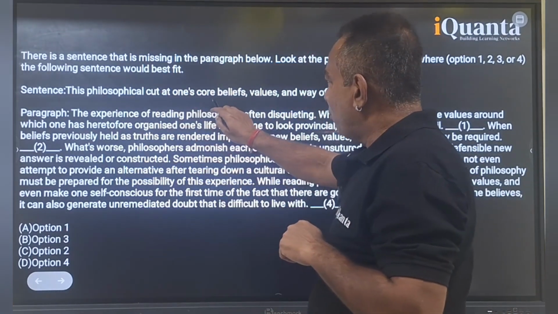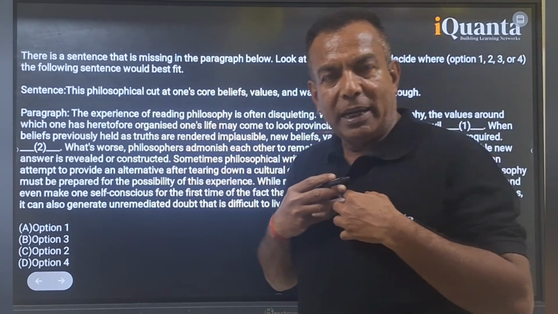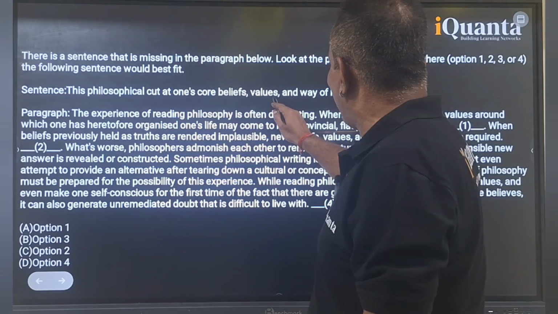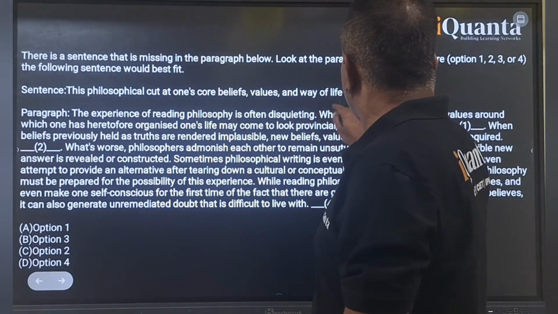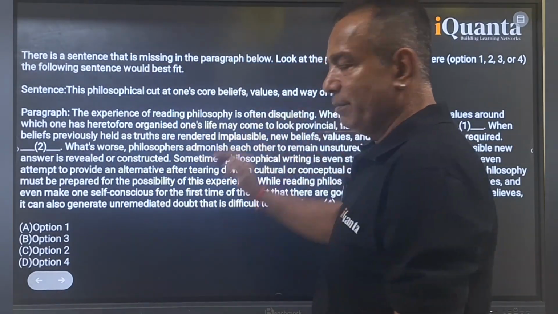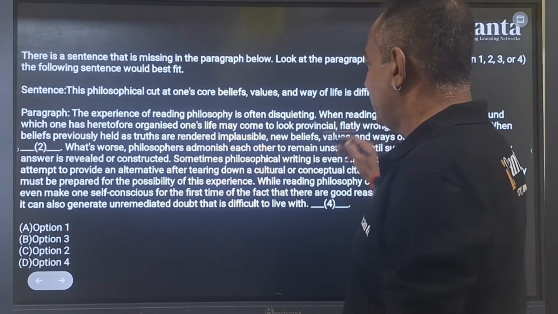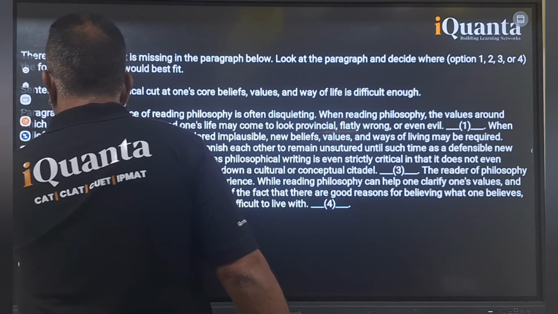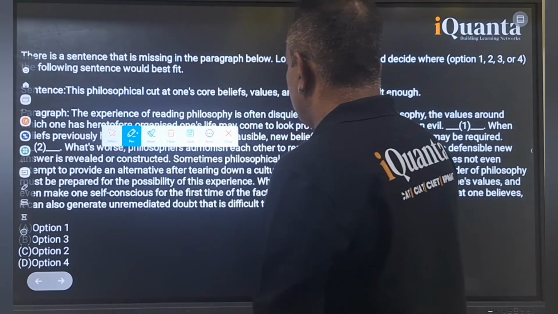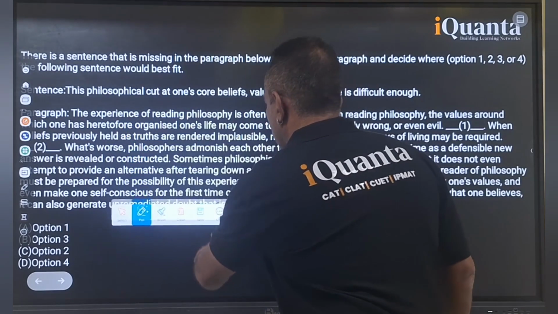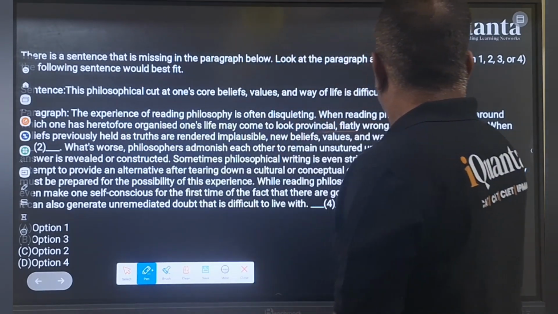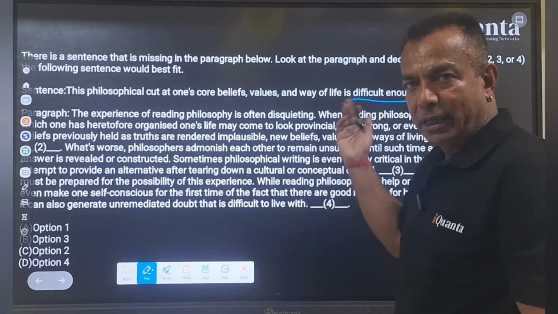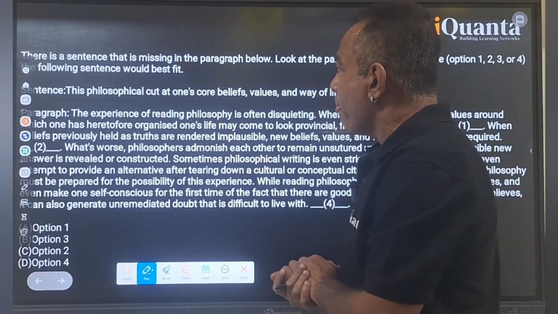Philosophical cut at one's core beliefs, core, at heart, that you really believe in. Core beliefs, values, and way of life is difficult enough, right? Mark the word here. Difficult enough. We'll get to that in more detail.